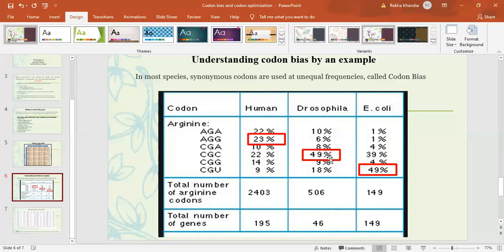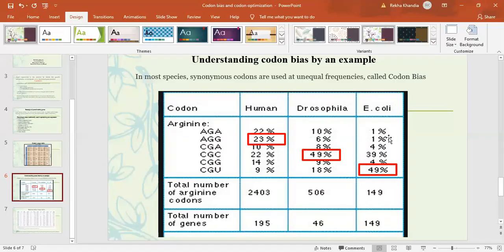If we see the same case in Drosophila, unlike human where AGG is the most preferred codon, CGC is the most preferred codon here, whilst AGG, which is the most preferred codon in human, is the least preferred in Drosophila. And in the case of E. coli, the scenario is entirely different, and CGU is the most preferred codon.